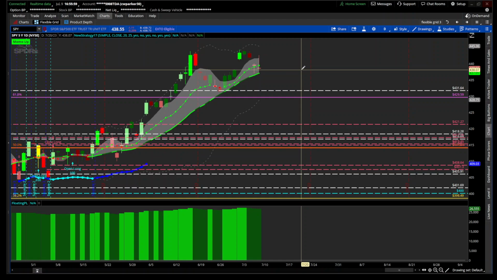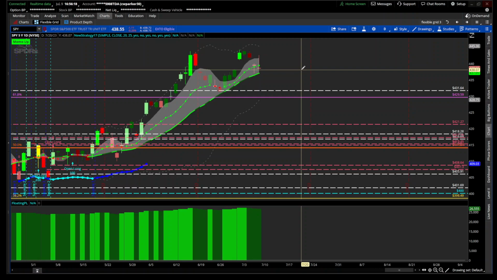And the reason why I chose the 20 and the 5 is because there's relatively 20 trading days in a month. Minus the weekends, you got 20 days left, and then you got some holidays that you can subtract as well.